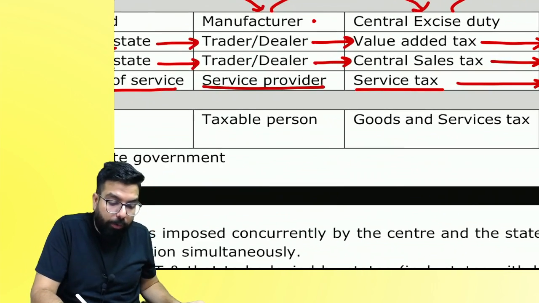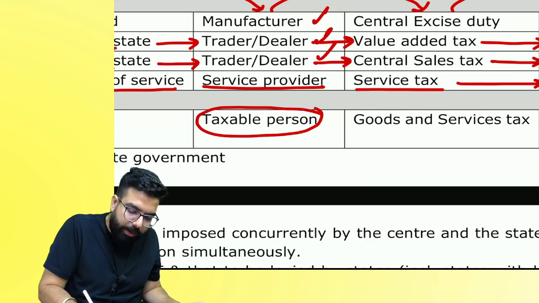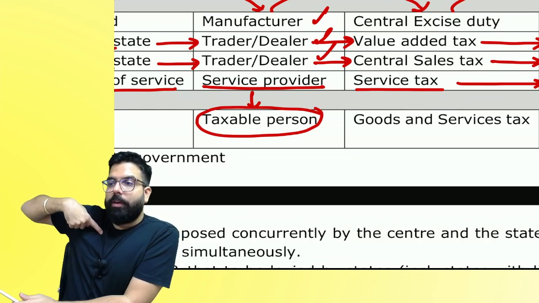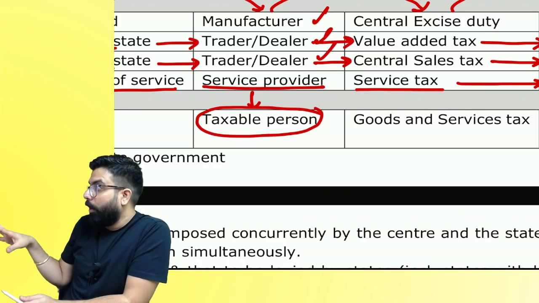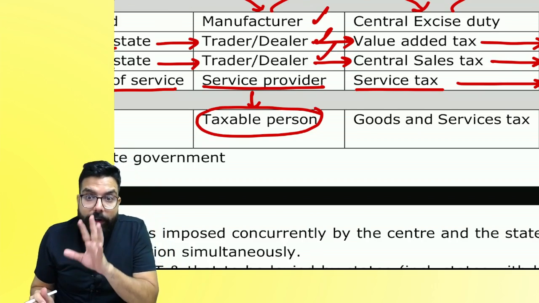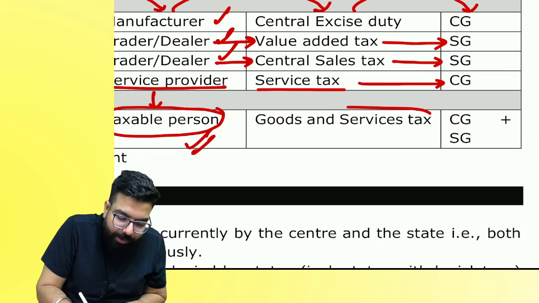By whom? Not manufacturer, trader, or dealer. One name: taxable person. Everyone is a taxable person. Under GST, we don't say manufacturer, trader, dealer. You are a taxable person, so you have to pay GST.